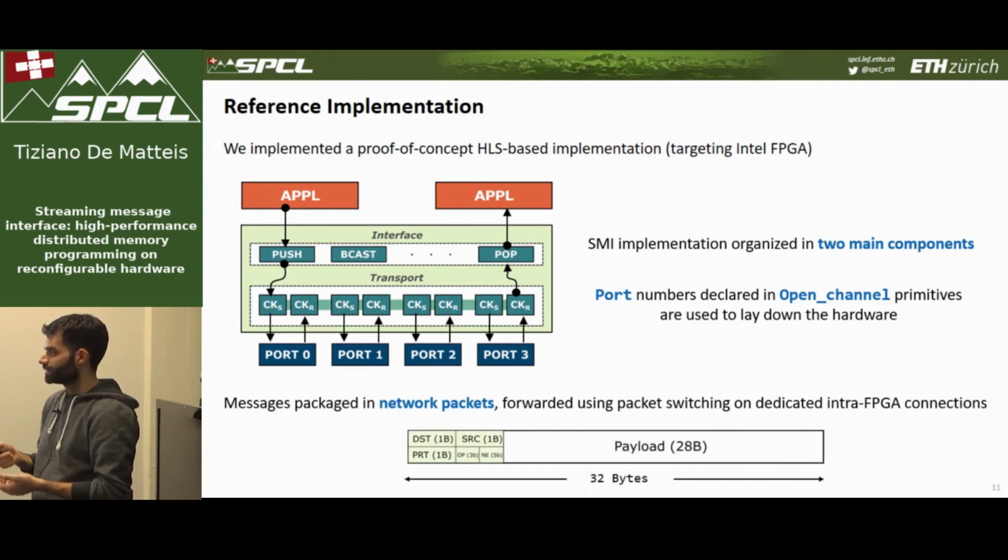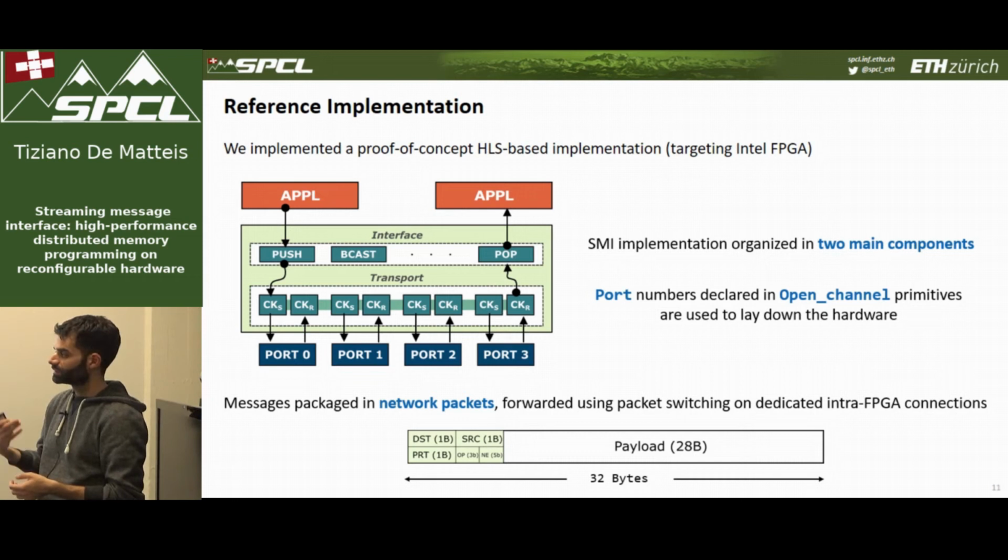In our case, the network packet size is equal to 32 bytes, which is the width of the I/O interface that was available in our target architecture. These 32 bytes are organized in 28 bytes of payload plus 4 bytes of header information such as the source and destination rank, the port number, the type of operation, and so on.